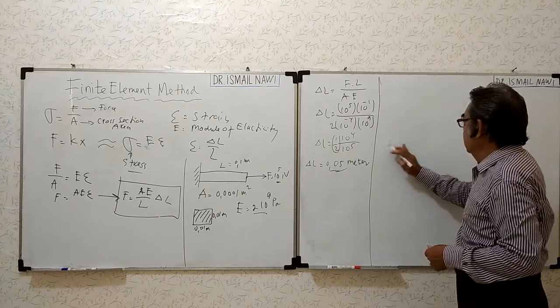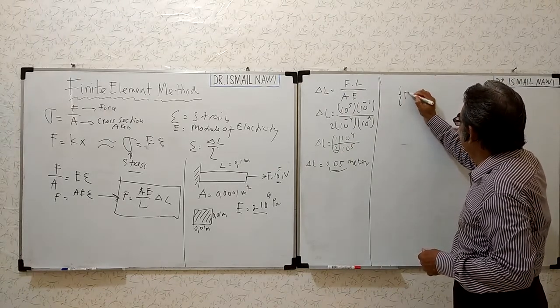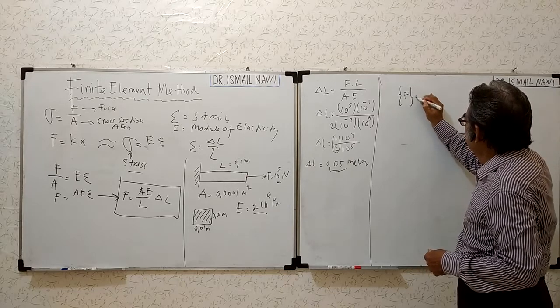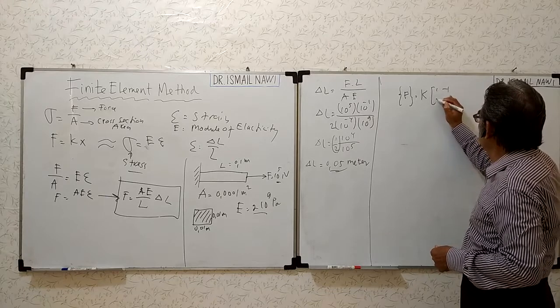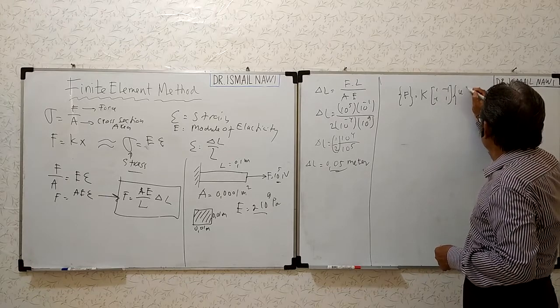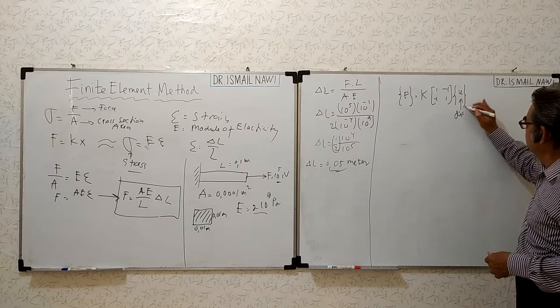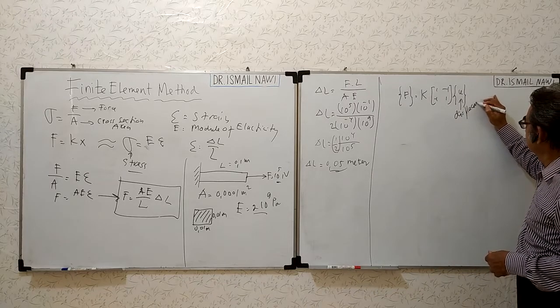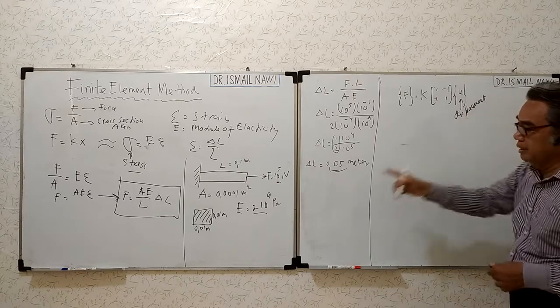We see that we have here the vector of f equals k times the matrix 1 minus 1, minus 1 1, times the vector of displacement. In finite element, the displacement is delta L here.